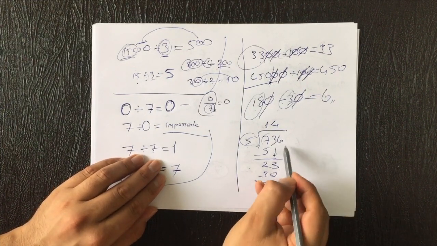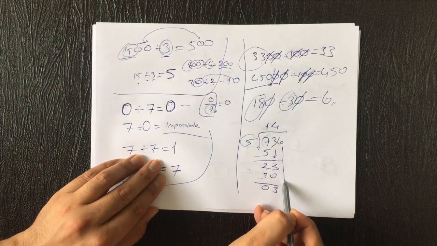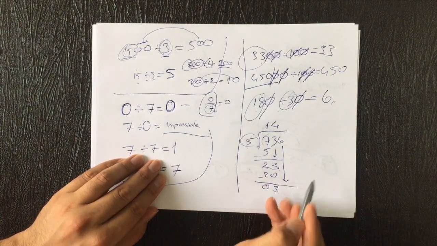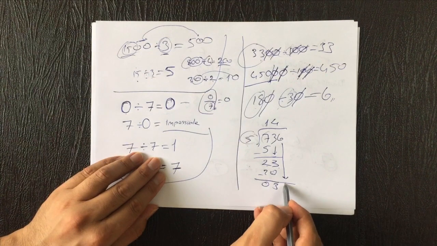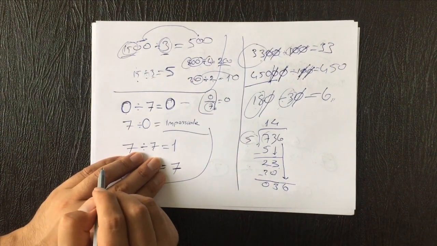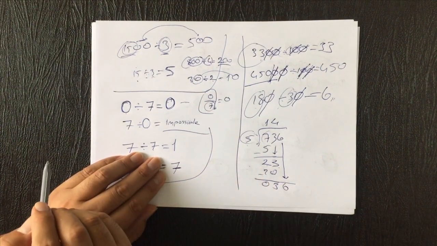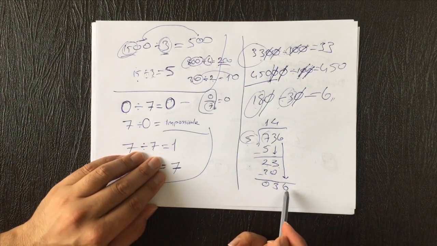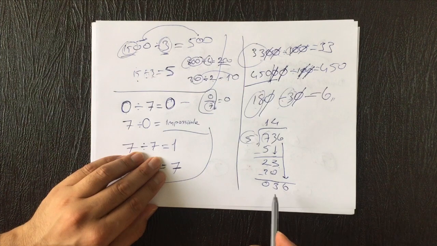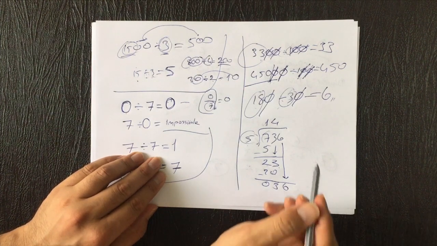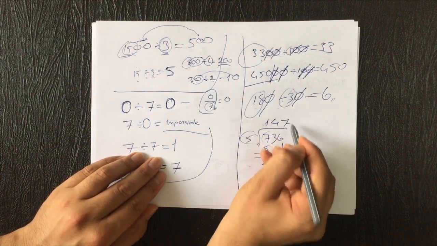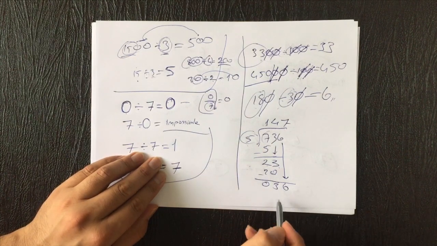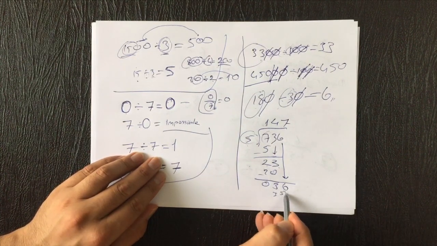Look, 3. Okay, so bring this 6 down to here. What is that now? It is 36. How many times does 5 go inside of this? Then it is 7. 7 times 5 is 35.